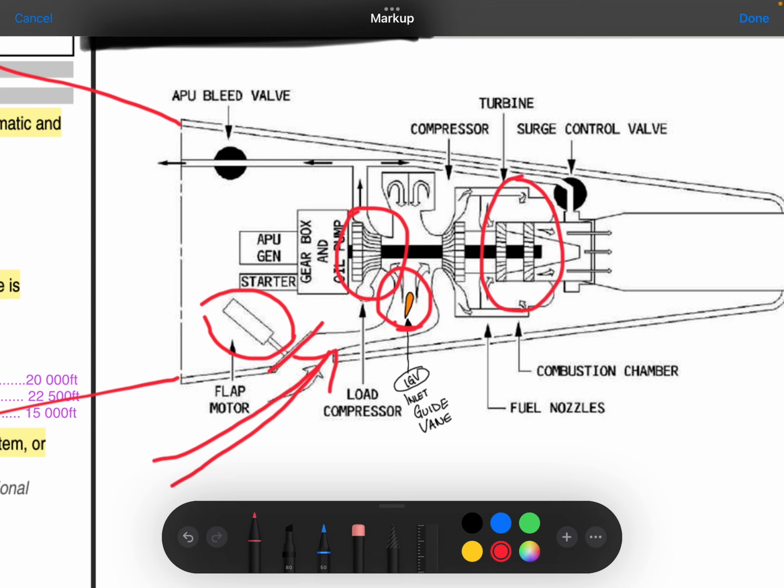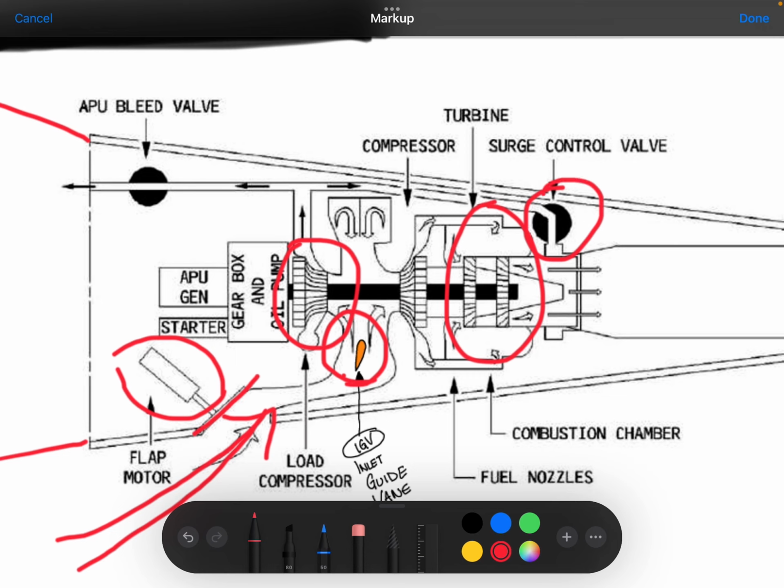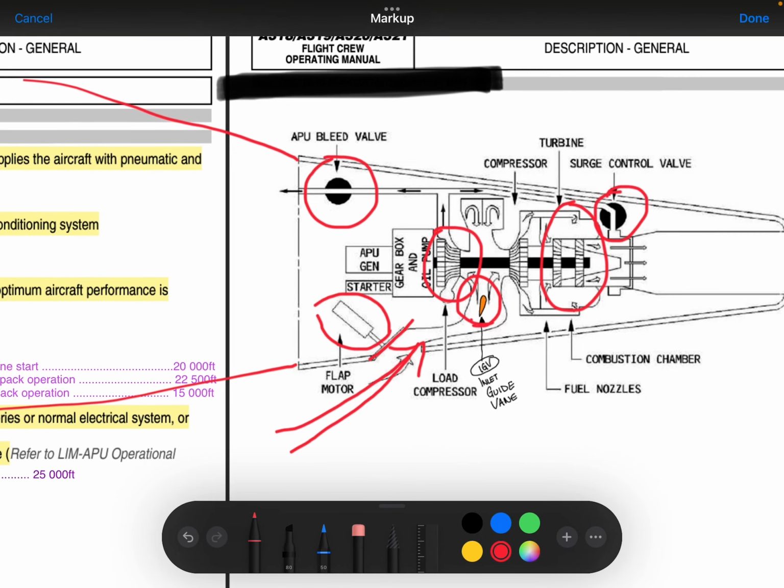This is turbine. Then we have surge control valve here. We will discuss about it. And we have APU bleed valve. This is automatic and we can control APU bleed valve from the cockpit. Is it clear? Right.